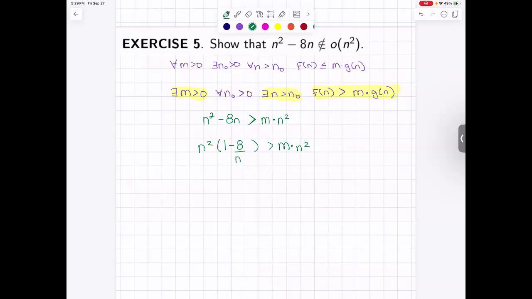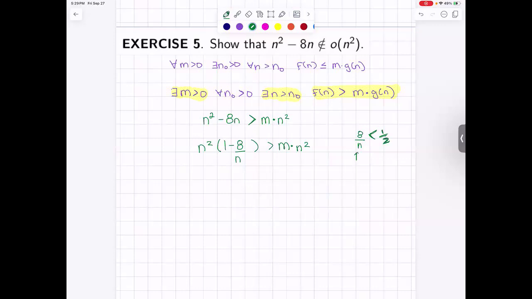Now, if we want to be able to figure out our n value here, we know that we're going to need to do something with this term, and we have a subtraction here, and we only have a 1 here. So given the way that this inequality is, we're going to want to be able to pick an n where 8 over n is going to be less than a half.